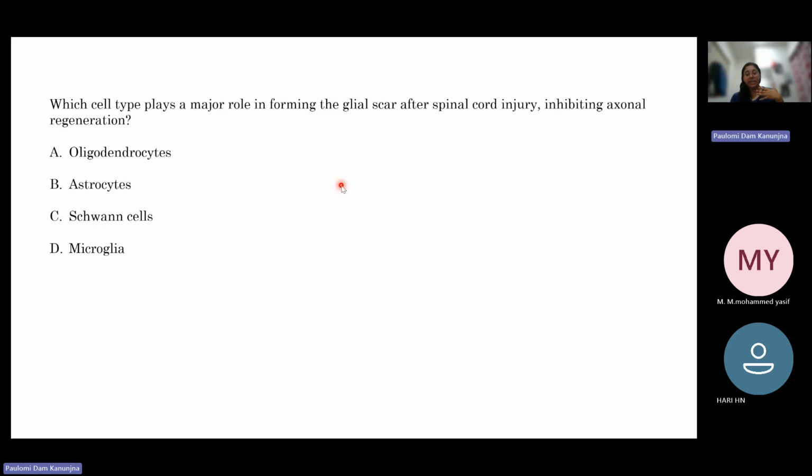They are not able to regenerate. So the question is, which cell is responsible for this scar formation in your spinal cord injury, which is the glial scar stage at the very end, where you cannot have axon regeneration. And because spinal cord injury is seen as paralysis, you will have paralysis in that case.